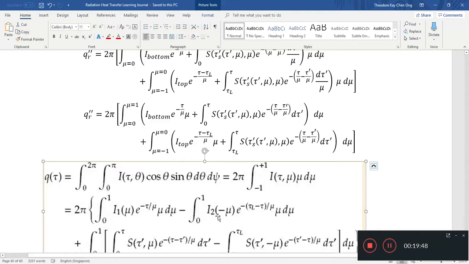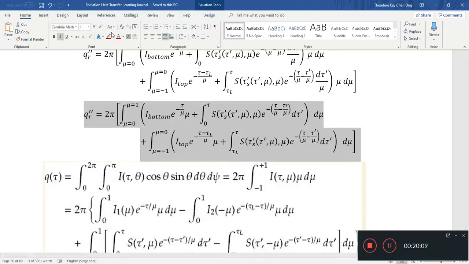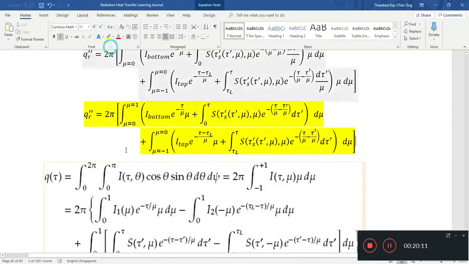Rather than depending on mu, you can just replace mu with minus mu here. You get this trick, so that you can have the same limits and combine the integrals, but this is perhaps the final expression for q_R prime.